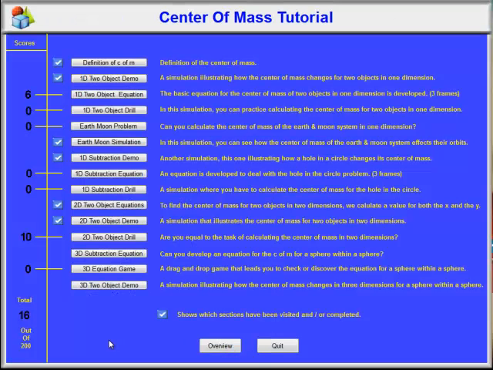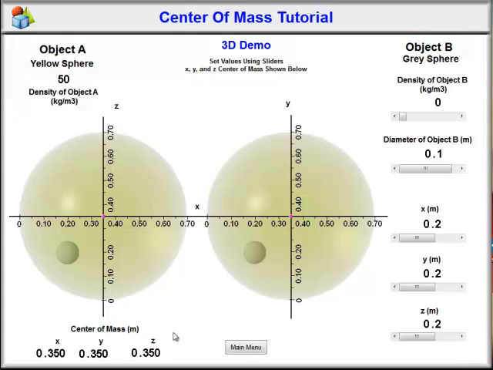You may or may not want to actually go through that. And then it ends with a demonstration or a simulation of a 3D situation where now we have a sphere embedded in another sphere with different densities, and you can vary the variables and see exactly what changes to the center of mass.